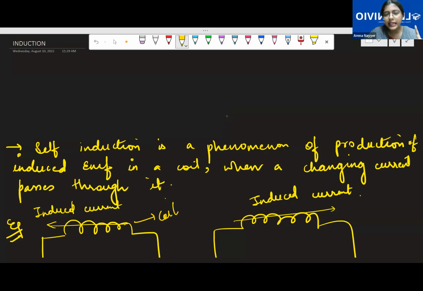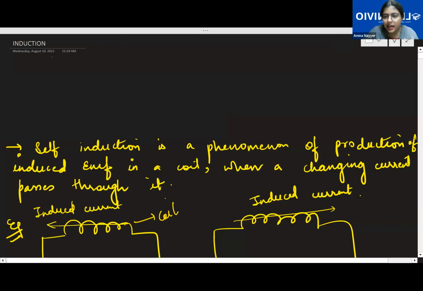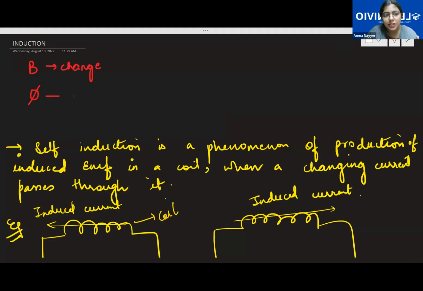Now, induction basically, see, whatever we have studied, everything is just linked. It's a very small chapter. So magnetic flux led to Faraday's law. Faraday's law led to Lenz's law, which led to motional EMF. So this is also part of it. Now see, what is induction? We have studied till now that whenever there is a change in the magnetic field, that will cause a change in the magnetic flux.